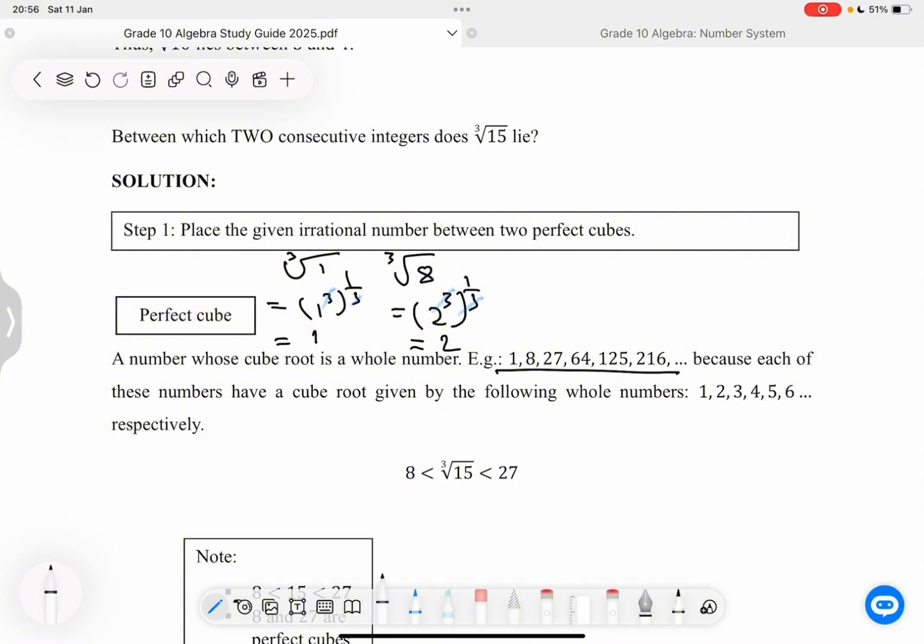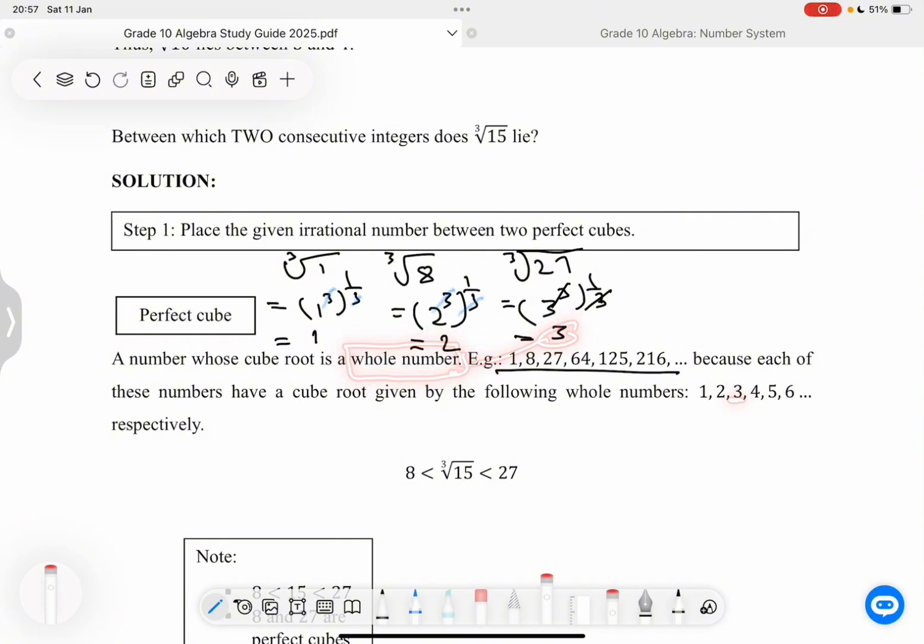You can continue the pattern with 27. Take the cubic root of 27. This would be 3 to the power 3. We're having 1 over 3 here, and we're left with 3 because this would cancel. Now 3 is part of the whole numbers, and here is our 3.